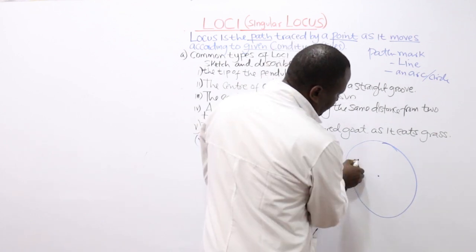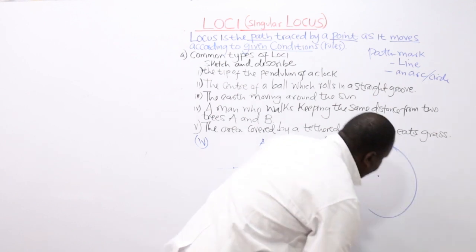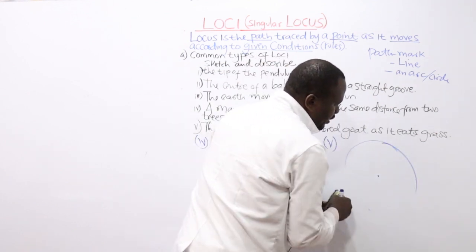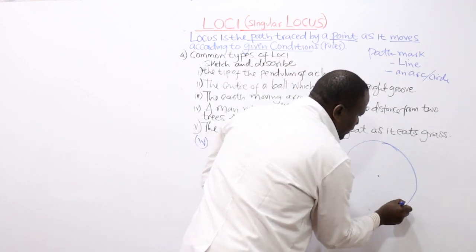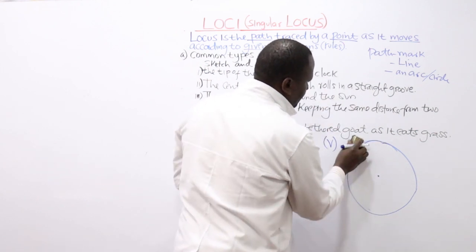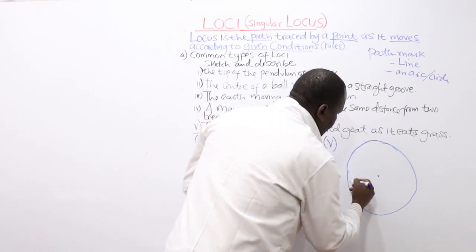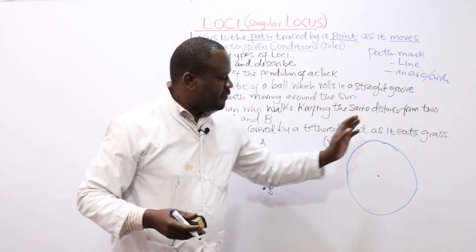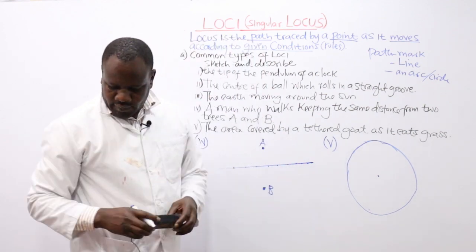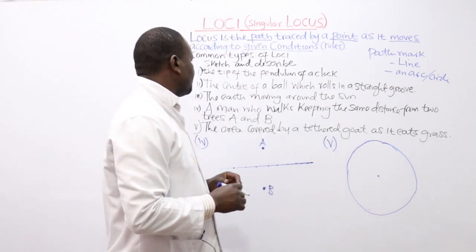The circle will depend on the distance, the length of the rope. So this will be the area. The goat cannot eat further than that. So this will be a circle.